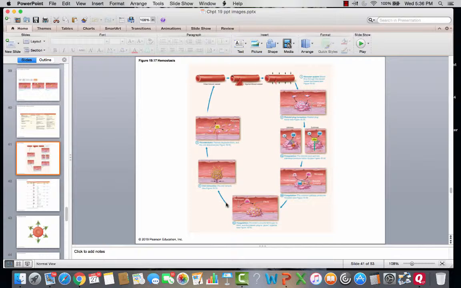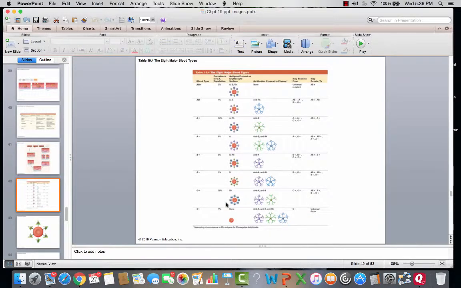Big picture for you on page 745 shows all of these steps together. And the last part of the discussion talks about blood typing.